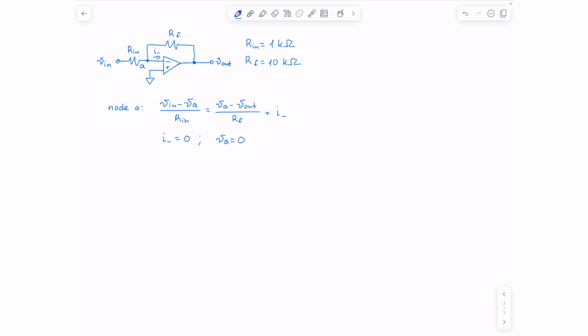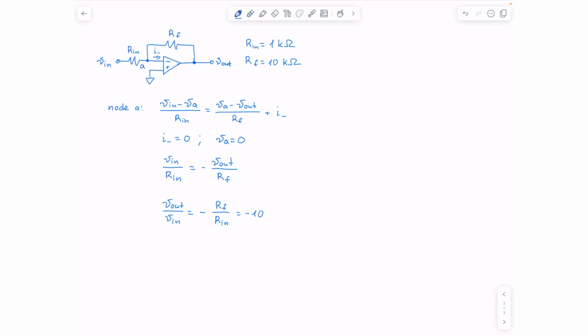Let's rewrite KCL equation we have using the assumption of the ideal op-amp. And from this equation, we can easily see that the voltage gain is minus RF over Rin. Or if we substitute the value we have, we will get minus 10.